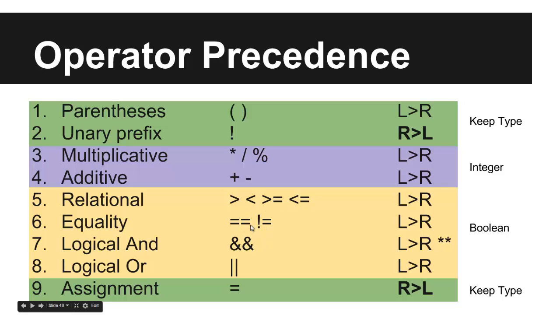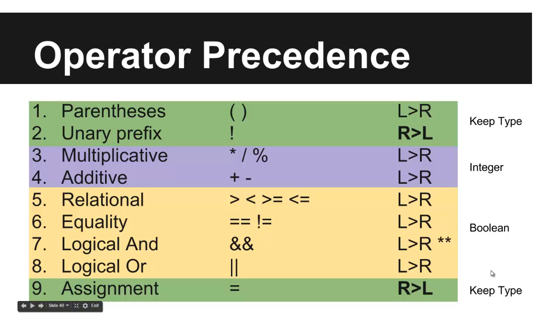The equality operators, equal to, not equal to. And then after all of those are resolved, and we only have true and false values, we deal with our logical ands, and then our logical ors. And then finally, we deal with assignment, if it exists, whatever that assignment might be. So that's ultimately how that all shakes out.